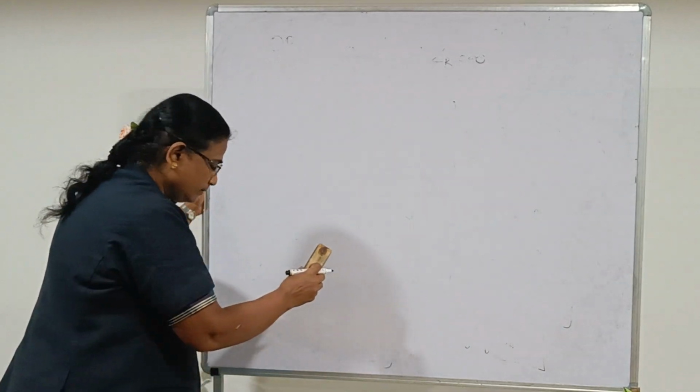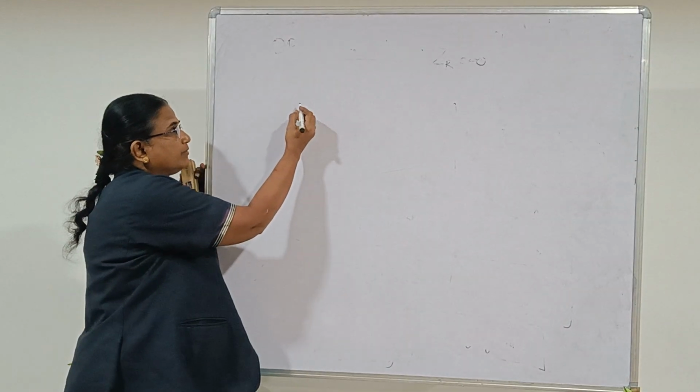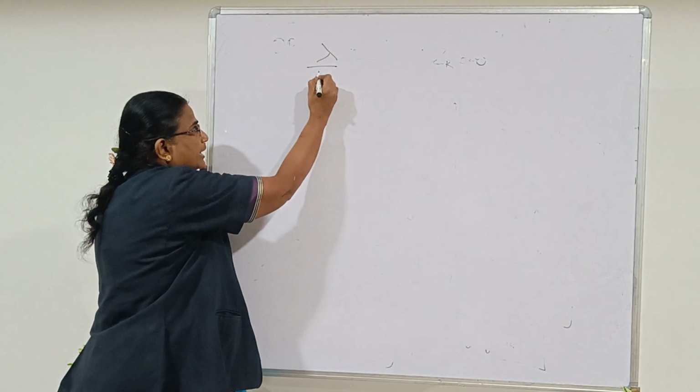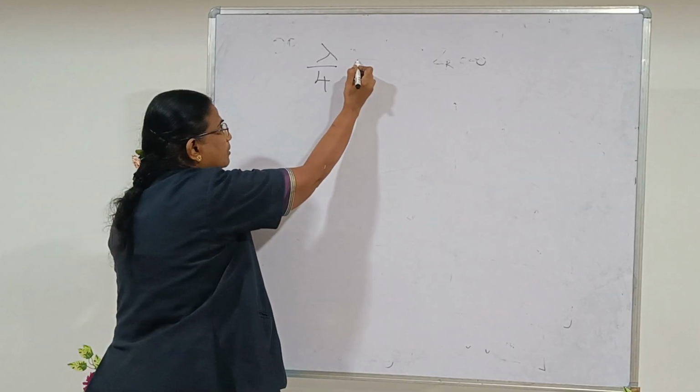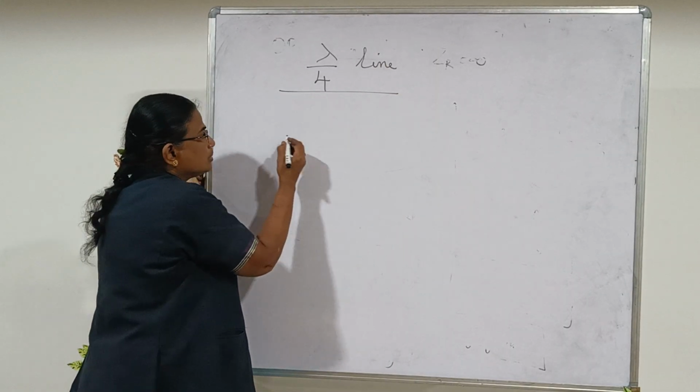In order to derive the input impedance or the sending end impedance of a quarter wave line, we will write the sending end impedance of a dissipationless line.